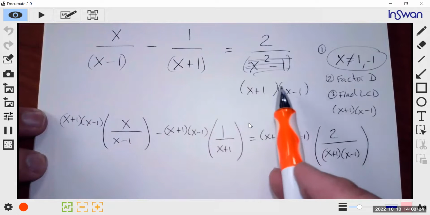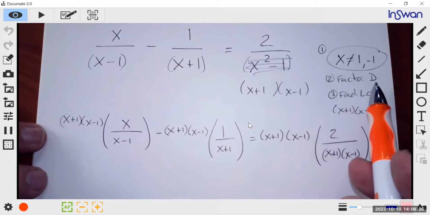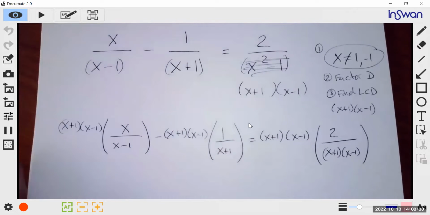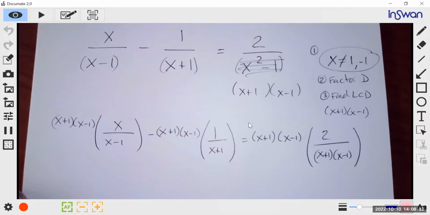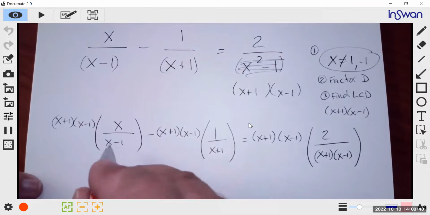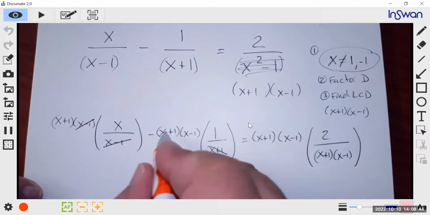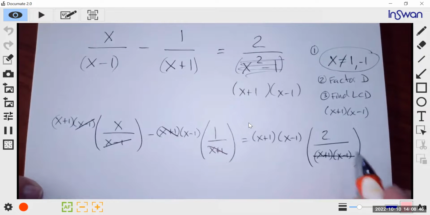So once I factor them all out, I know what my LCD is going to be. I multiply each term by it. Then what do you do? Reduce. Yeah. So x minus 1 cancels with x minus 1, x plus 1, and this one, both of them cancel.